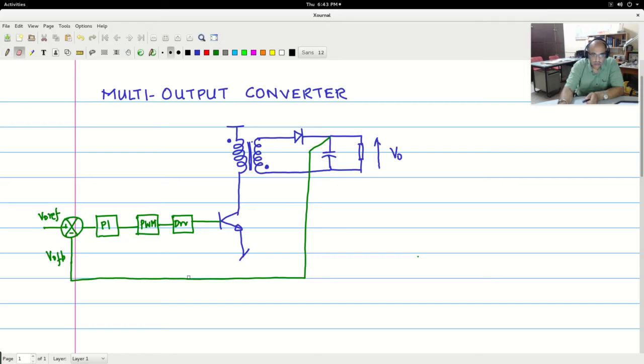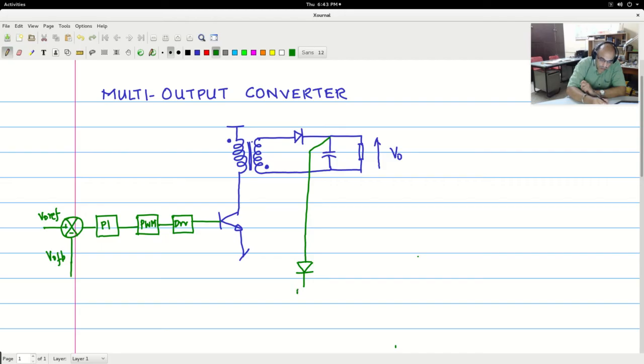So how this is done is as follows. Let me now erase this portion of the circuit, and at this point introduce an optocoupler. Now what is an optocoupler? You allow some current to flow through the diode like this.